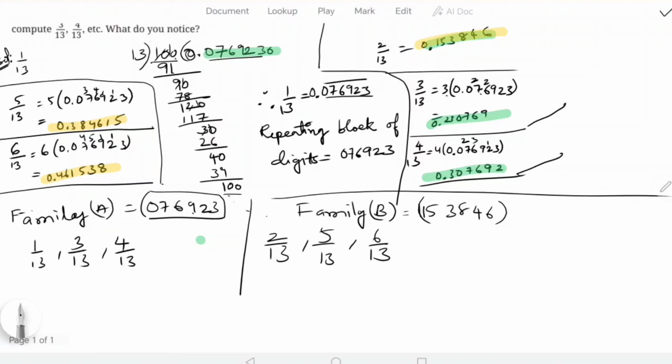These are the cyclic rotations which we have seen. So the final observation we can write: 1 by 13 is cyclic, but it requires two separate repeating permutation loops, or you can say repeating blocks. Okay, let's write.